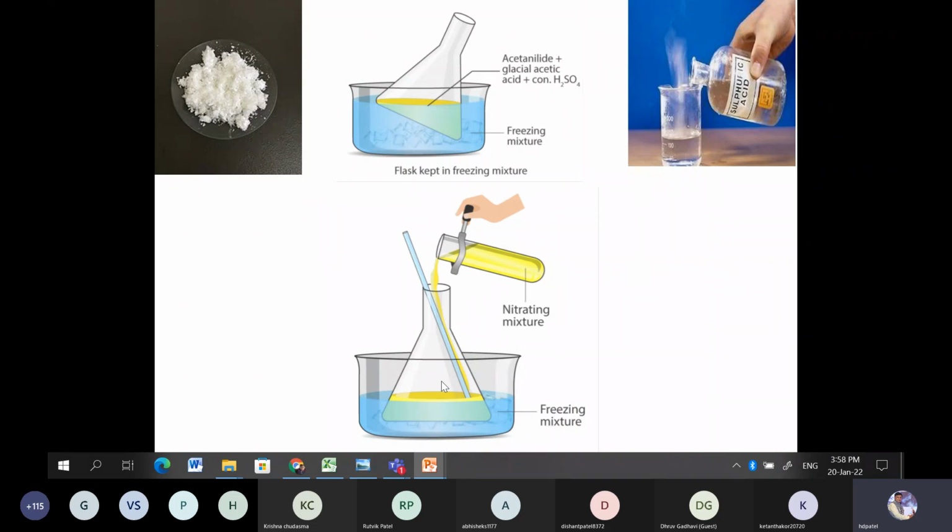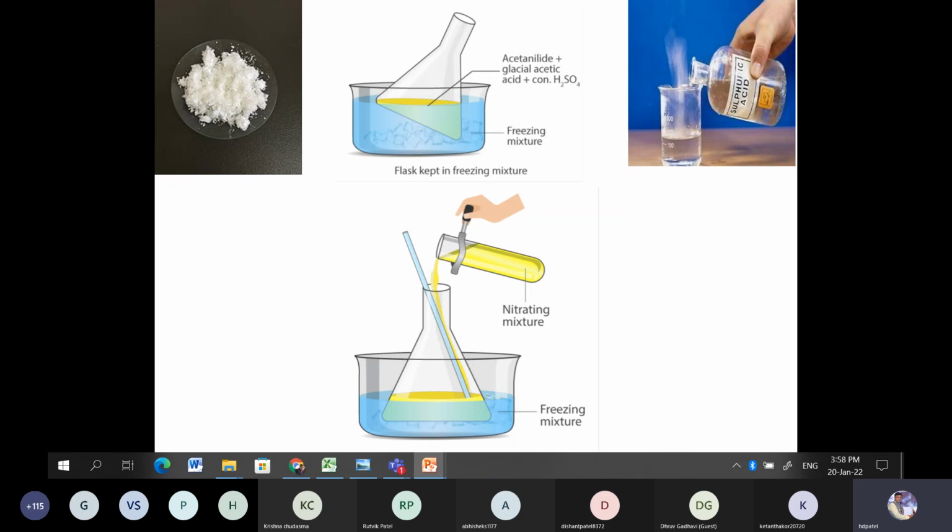Whichever way is preferable, we follow that, but it is better to pour this reaction mixture onto ice water in a beaker instead of this conical flask. After that we can go for filtration, and after filtration we will get the crude product, and then we have to recrystallize it.